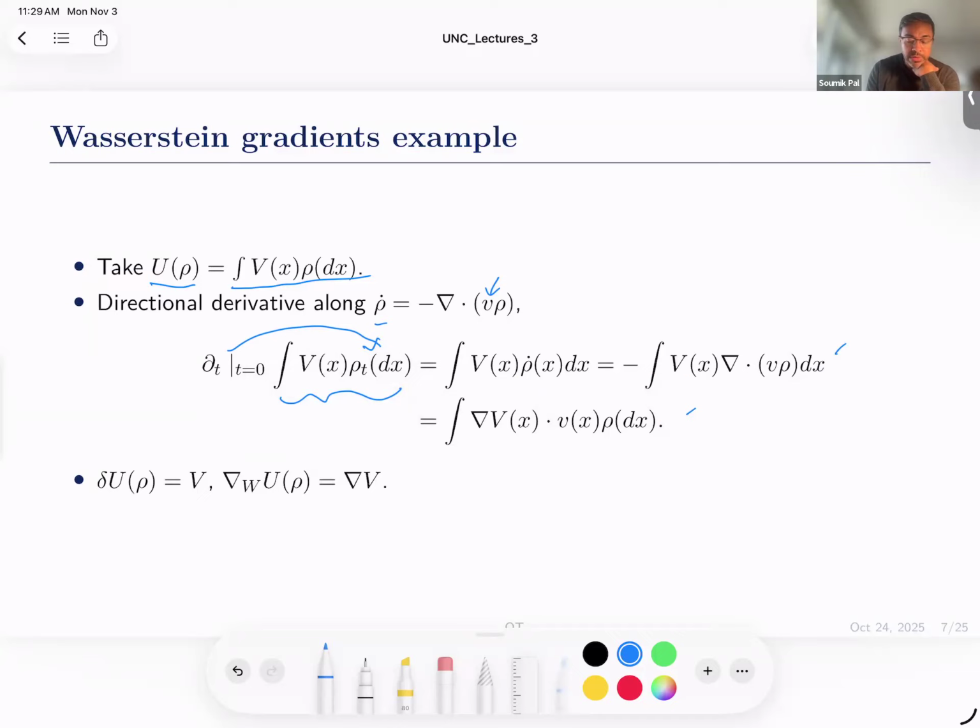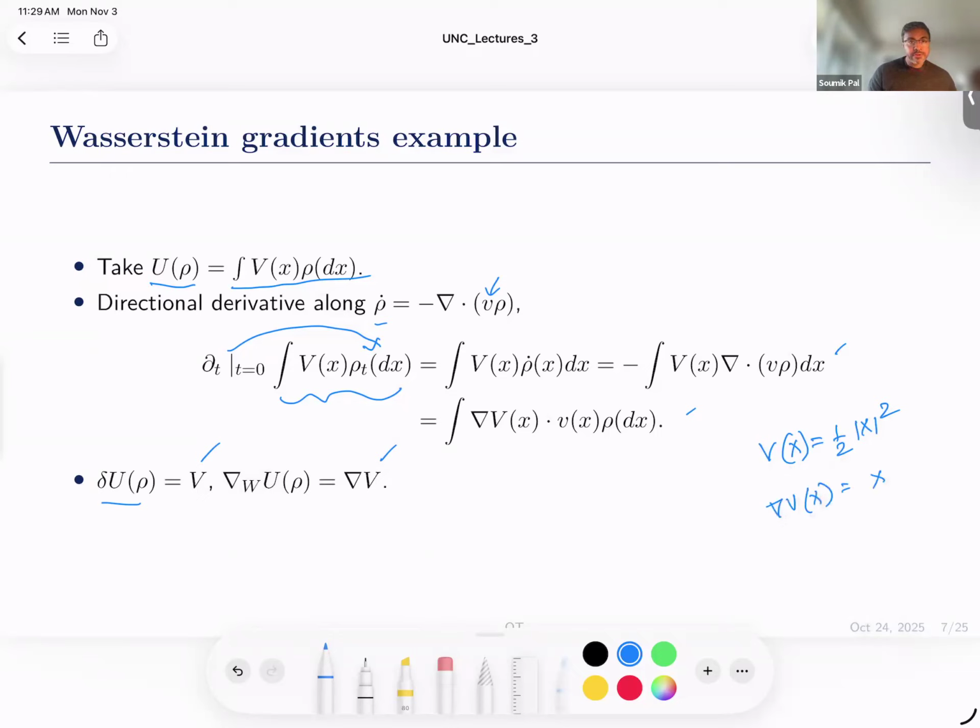And so what do I learn from this? That no matter what v is, this is the equation that I get. And so the first variation is simply given by the function V that you're integrating. And the Wasserstein gradient is given by the gradient of V. It's cool. So if I take V(x) to be 1/2 norm x squared, then what is the gradient of V(x)?